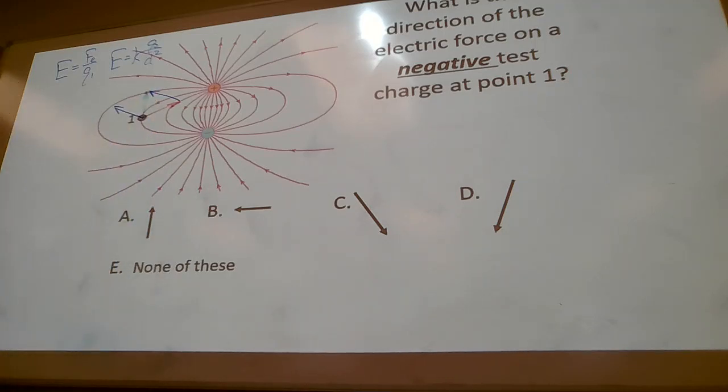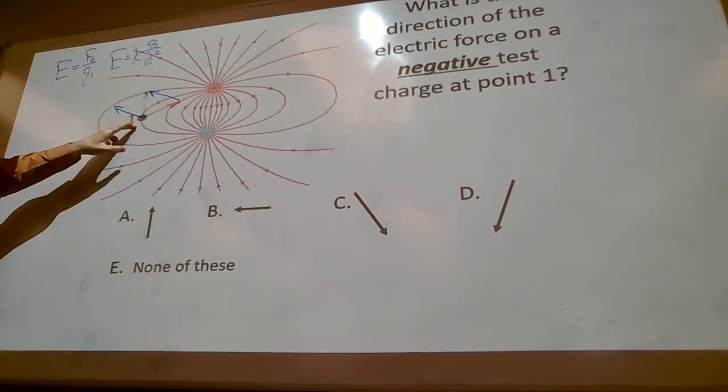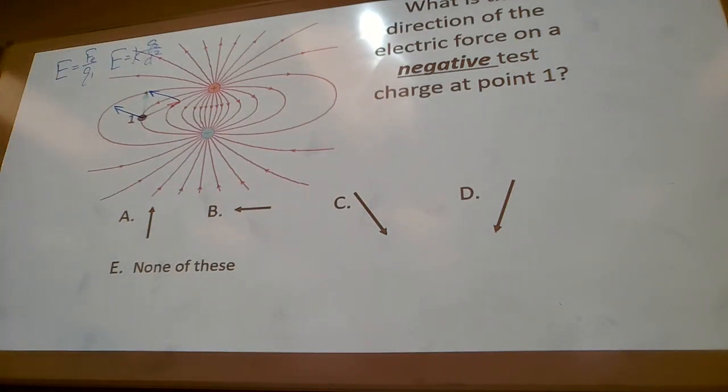Okay. Here's the second way, and I'm going to encourage you to try to understand this. It's looking from the perspective of the electric field. If this was a positive, not negative, if this is a positive test charge, then the direction of force will be in the same direction as the electric field.